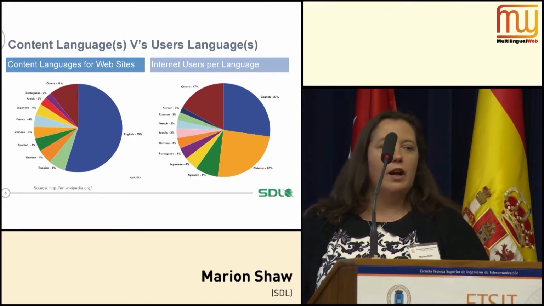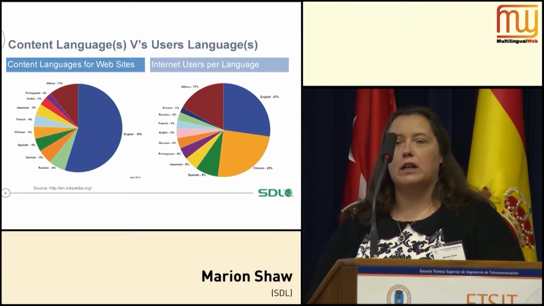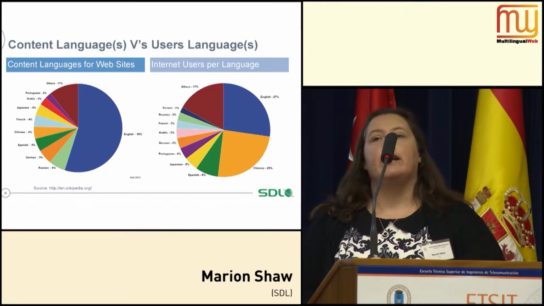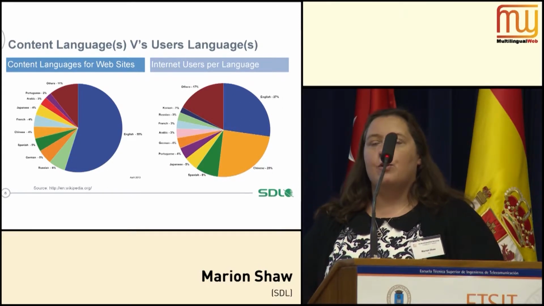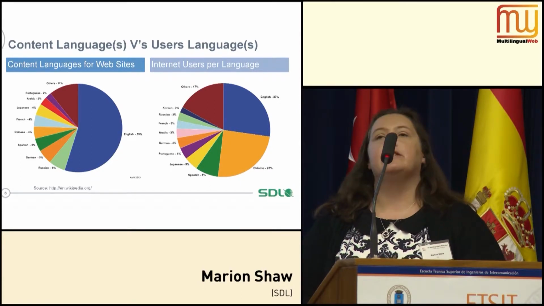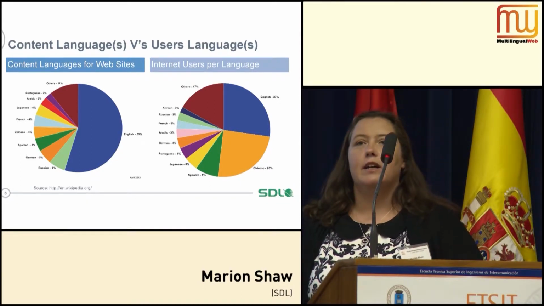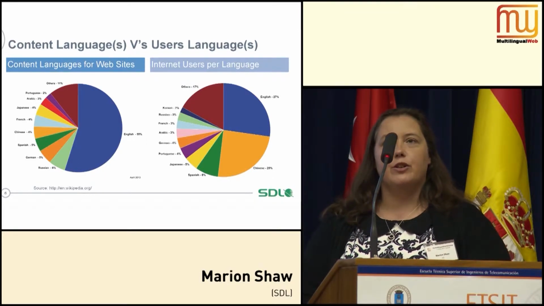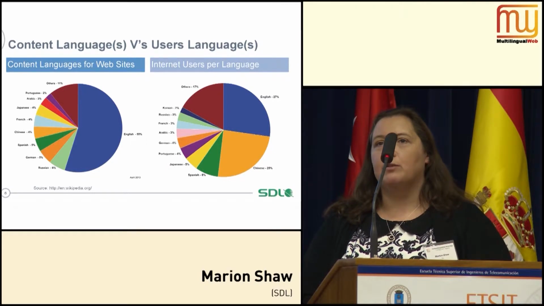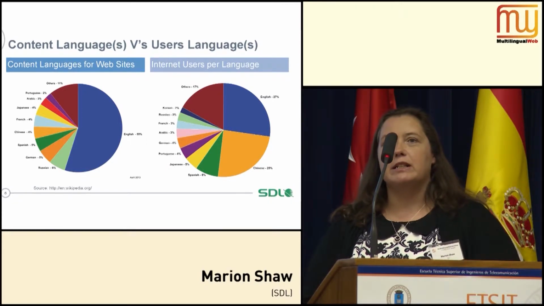And if you look at Chinese, only about 4% of the content is written in Chinese, but a lot more of the Chinese people use the web. So what we're seeing here is companies and institutions creating content, not taking into consideration who's using it and who's reading it, and really what language they should be putting their information into.